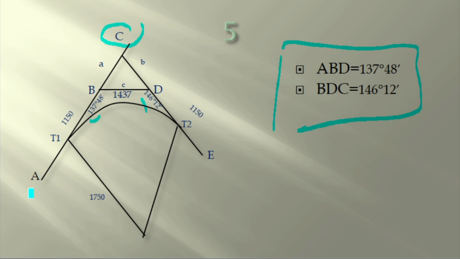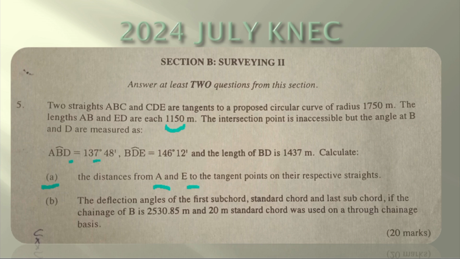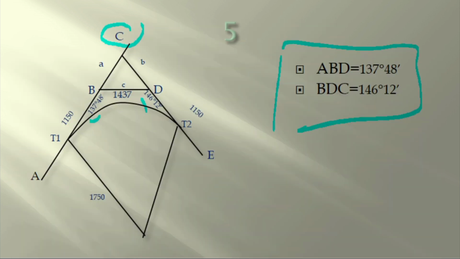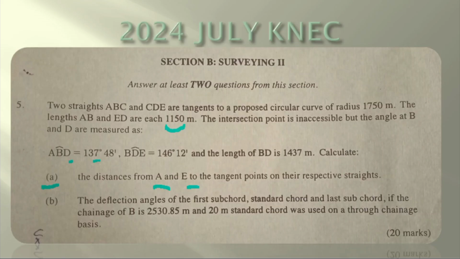And then we were told A to B we have 1150 on the question. So we have been given AB and ED, which are the same, 1150. Those are the data given. We have been asked to calculate the distances from A and E to the tangent points.